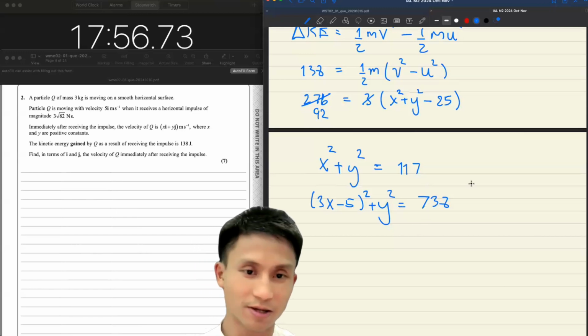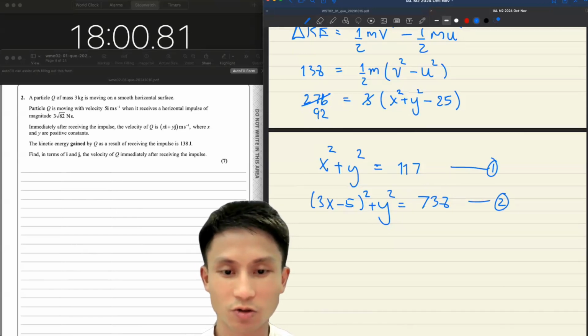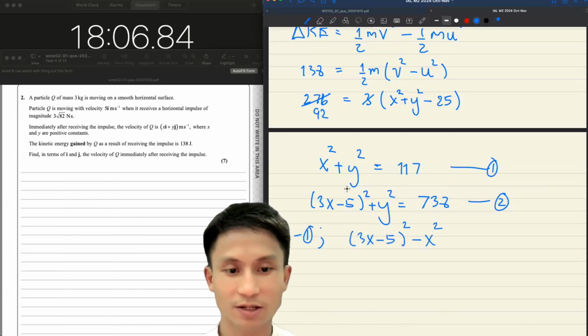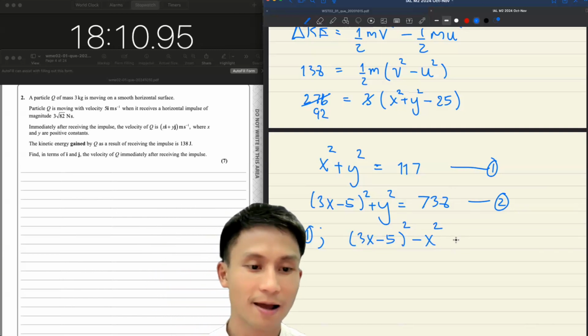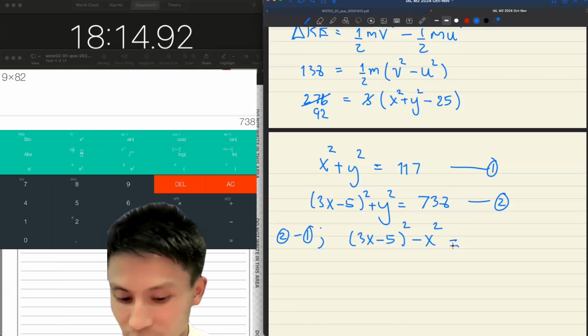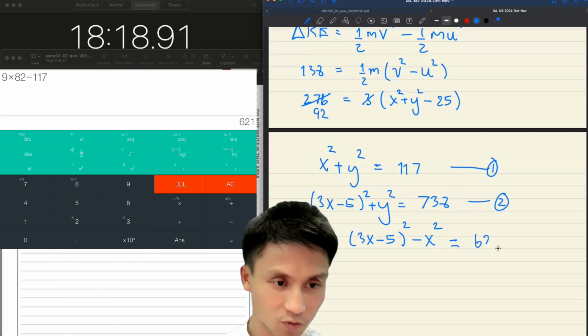I think we're going to subtract them maybe. Okay, so this is number 2, this is number 1. I'm going to do 2 minus 1. So I'm going to get (3x minus 5) squared minus x squared, because I'm doing 2 minus 1, so the bottom one subtracted by the top one. And then I would have 738 minus 117. So I get 621 here.